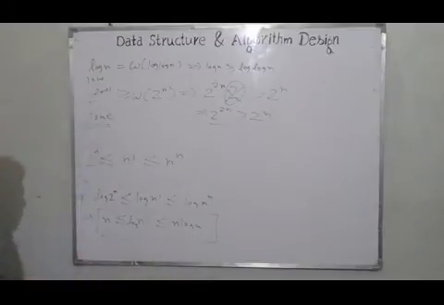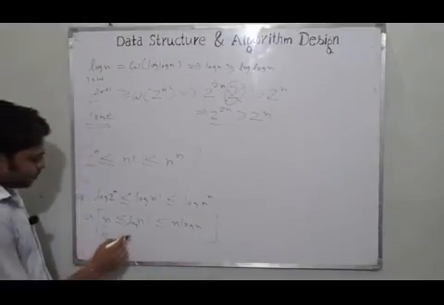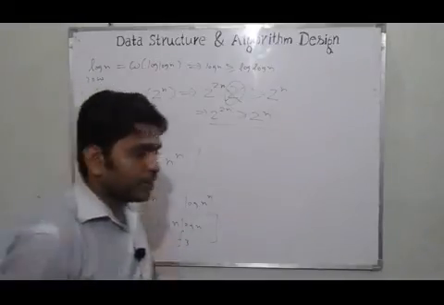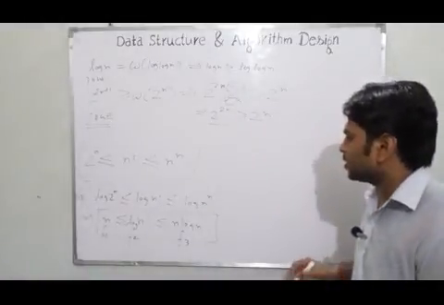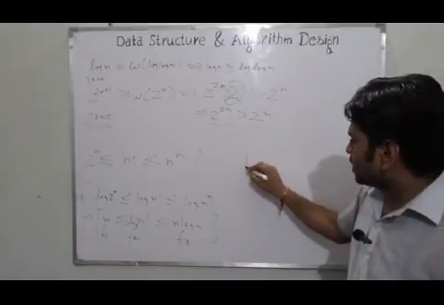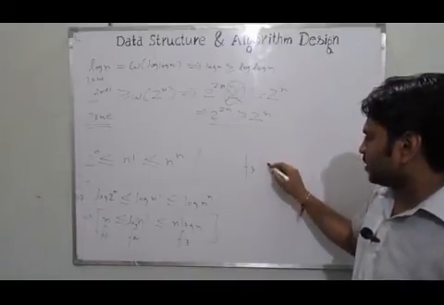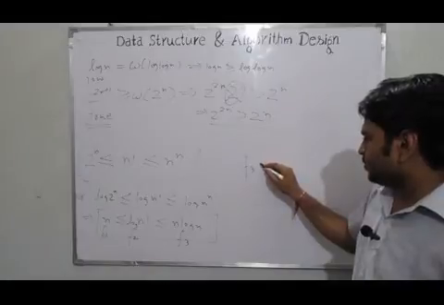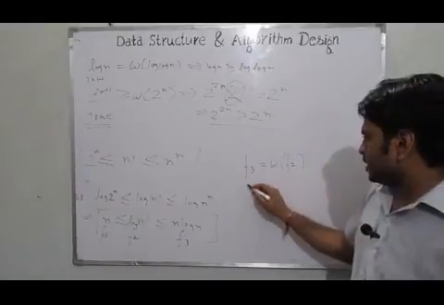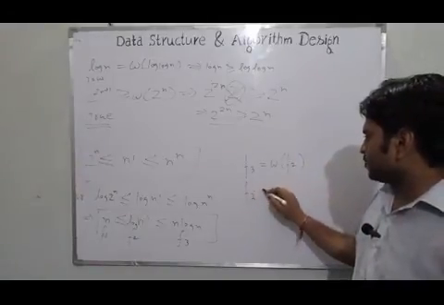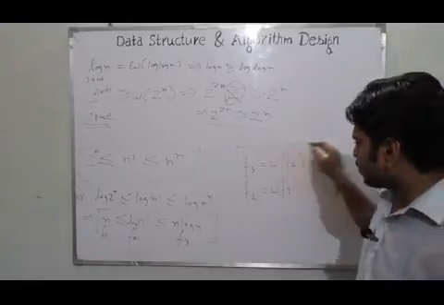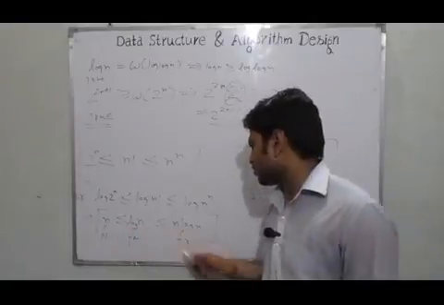So if these are f1, f2 and f3, then in terms of omega we can represent it as f3 is omega of f2, which is omega of f1.